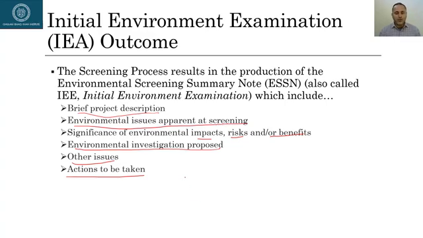As I told you in one of my slides, the initial environmental examination is done on Schedule 1 projects in Pakistan, and if it recommends, then we do the full-scale environmental impact assessment.